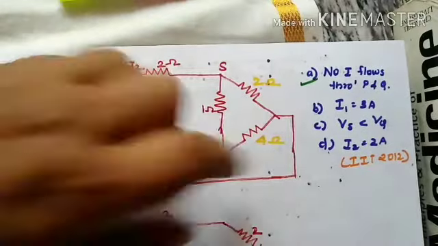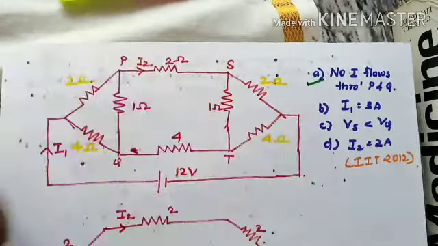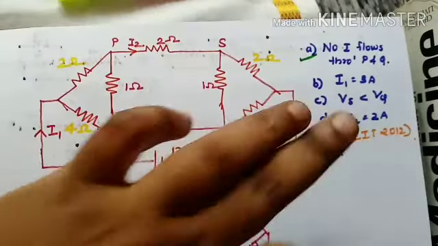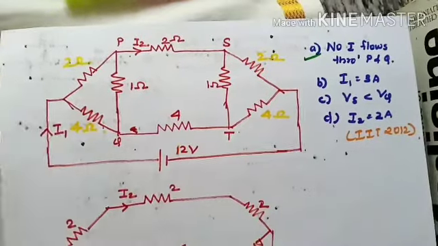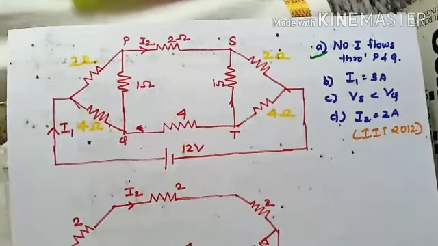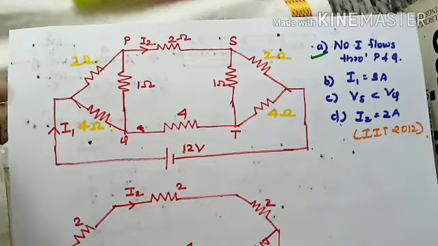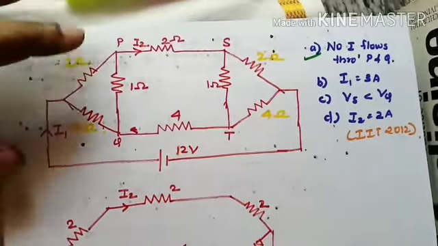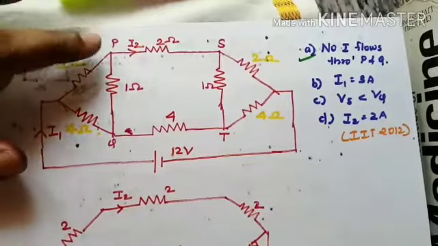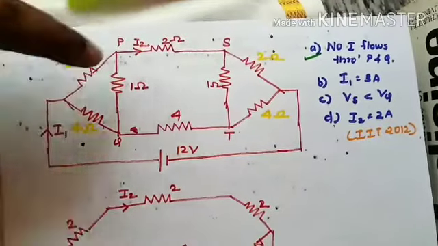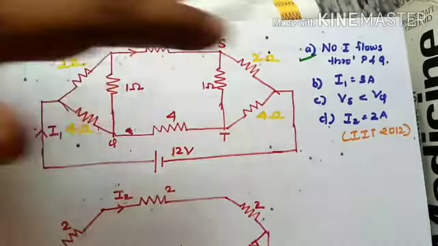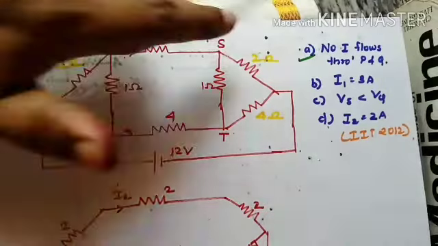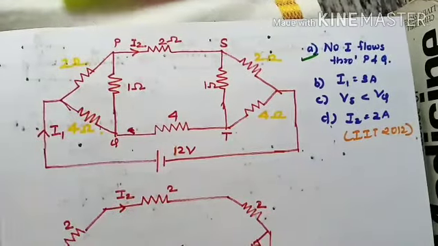Now let's move on. Rather than B, let's see C. That is, potential at Vs is less than Vq. Let's see, in the case of PQ, I2 is a current which is flowing from P to S. Now if current is flowing from P to S, it means potential at P is greater than potential at S. Clear?